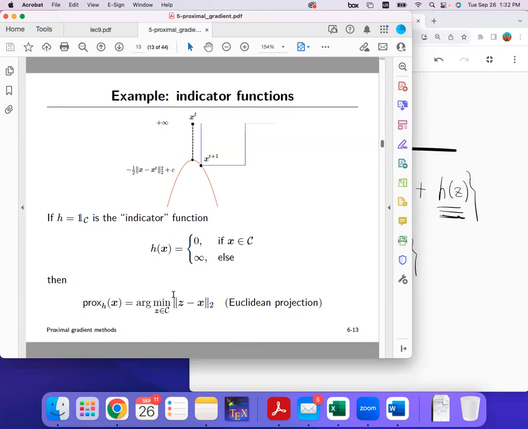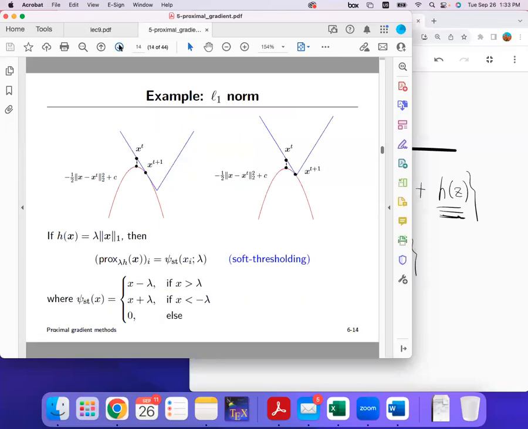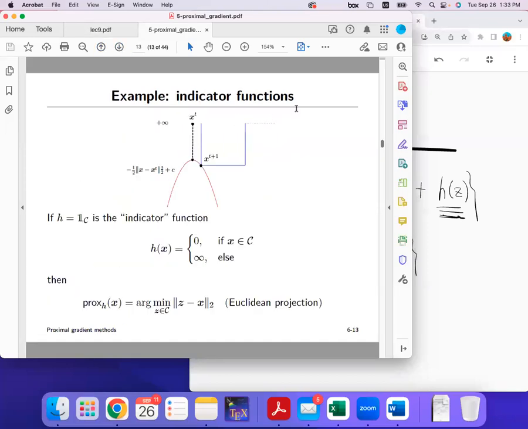It is always the projection of X onto C. So this is a very simple example. When H is an indicator function, the proximal operator is projection. A very nice generalization of the projection operator.